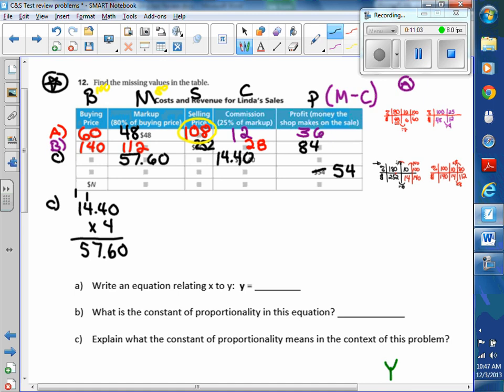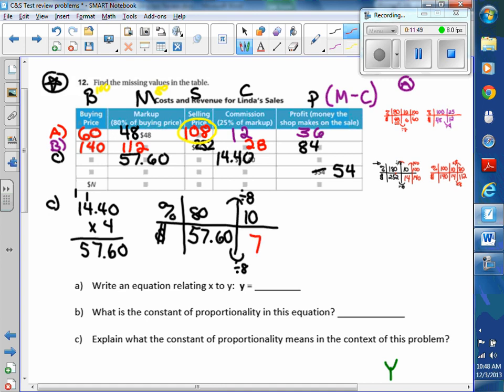And that's 80% of the buying price. So you have to figure out how to get from 80%, which we've done, down to 10% again. So if 80% of the buying price is $57.60, then we can divide by 8 to get 10%. So 8 goes into 57, how many times? 56, right?